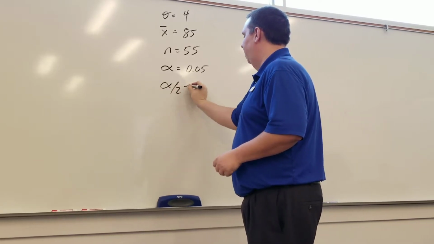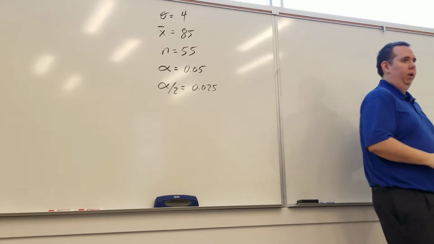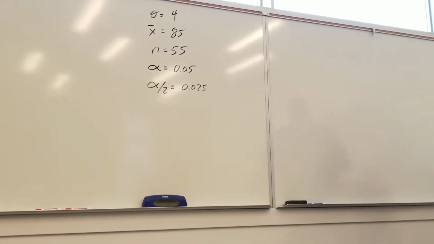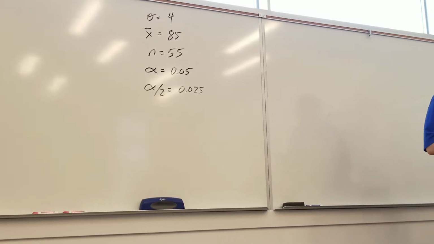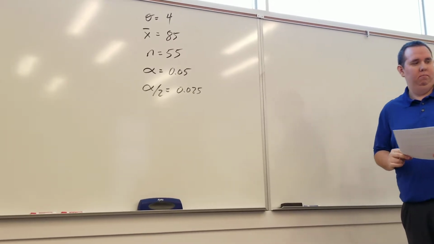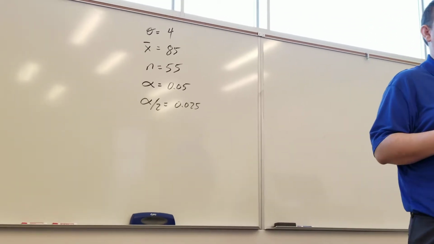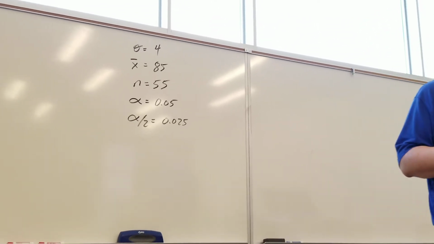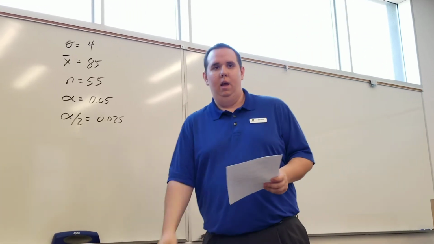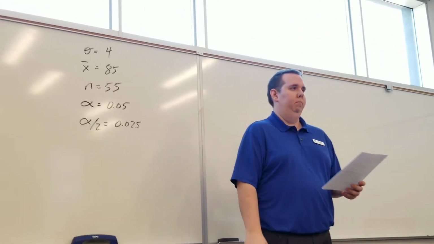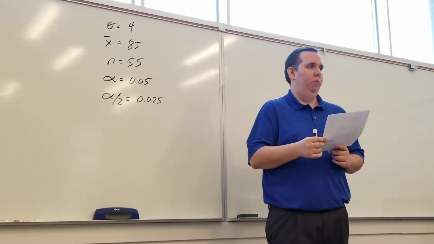So alpha divided by 2 is 0.025. So we take a look at our formula sheet. We have 3 different formulas for a confidence interval, right? We have 2 for a mean, and one for proportion. So which one should we choose?